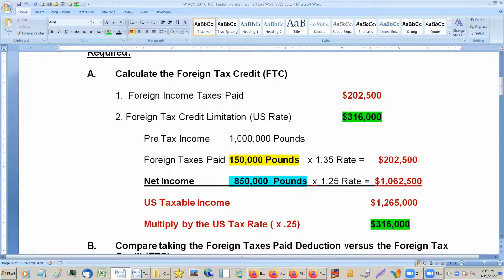Okay, so these are the two we're going to compare. Now, we always pick the lowest one for the foreign tax credit. And you say, well, why? Well, because it's either the actual amount you paid, or if you paid more than the US rate, then the US rate is what you're going to be charged. So it works out being the lowest of these two. So whichever one is the lowest.